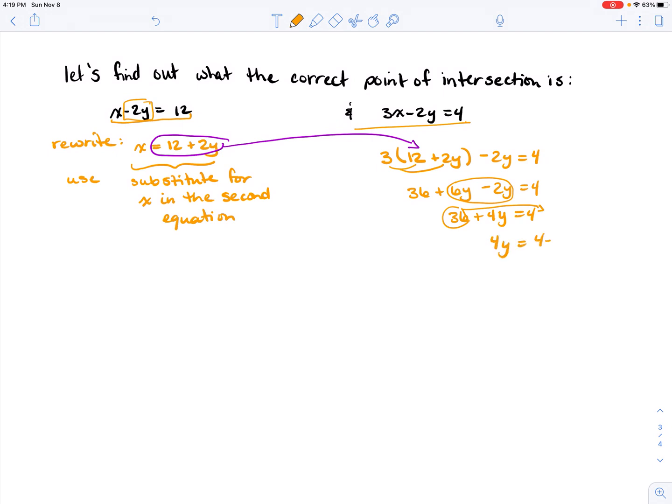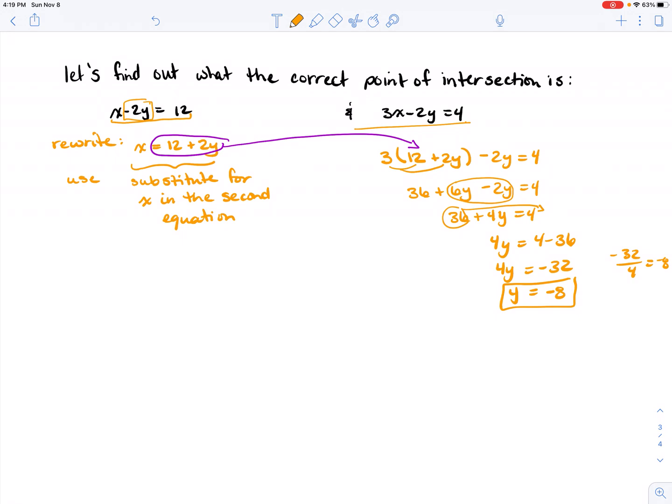So I have 4 minus 36. And of course, that leaves me with 4y equals negative 32. Now I can divide both sides by 4, which leaves me with y on the left side, and negative 32 divided by 4 equals negative 8. That leaves me with y equals negative 8.